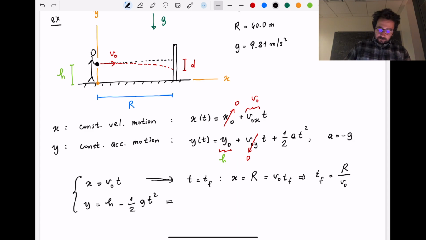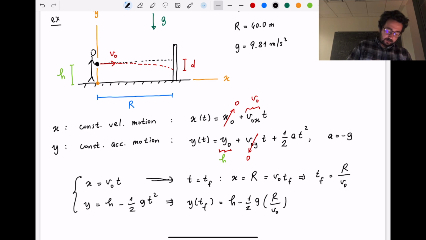Now with that, let us focus on the y equation and see what happens if we evaluate y at t equal to t sub f. Okay, we have h minus 1/2 g times r over v0 squared.